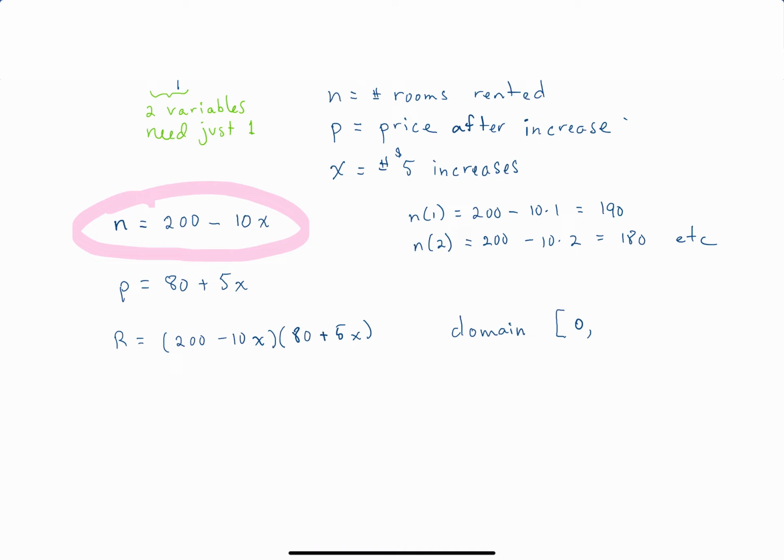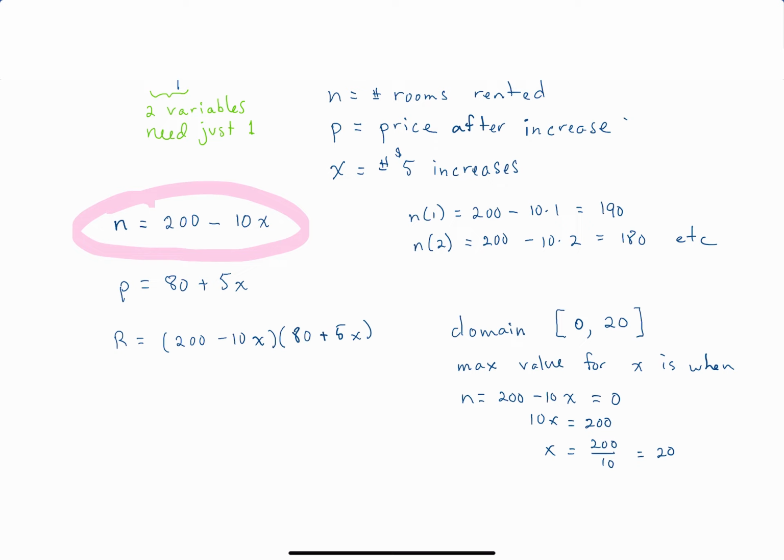So the max value for x is when the number of rooms gets all the way down to 0. So let's see, that would say that 10x equals 200. So x is 200 over 10, which is 20. So the maximum value we can have for x is 20, because if you raise the price more times than that, you're theoretically renting a negative number of rooms.